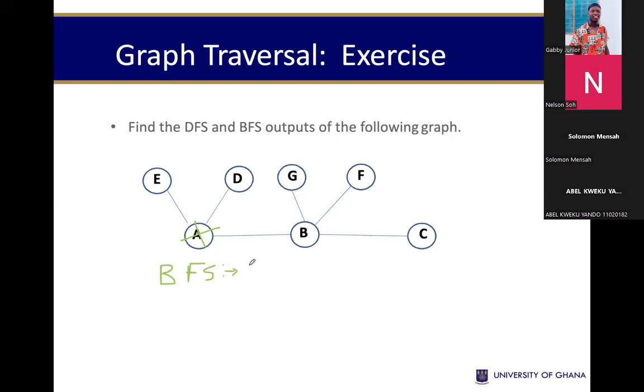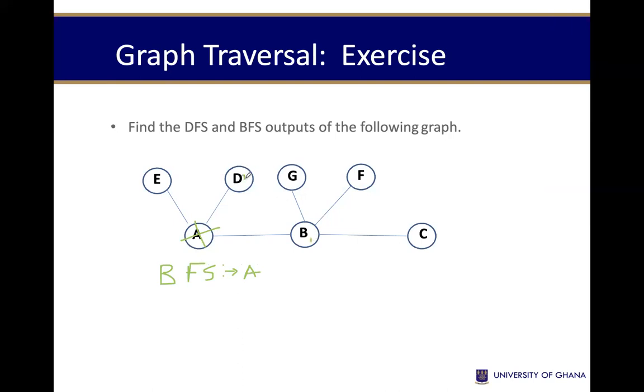Then from A, you know that A has adjacent nodes B, D, E. So this is going to be 1, this is going to be 2, and this is going to be 3.